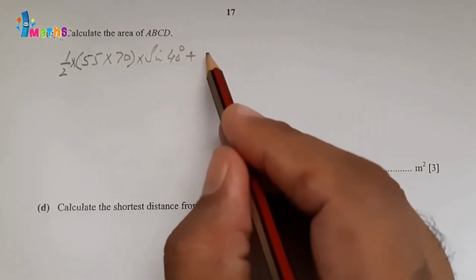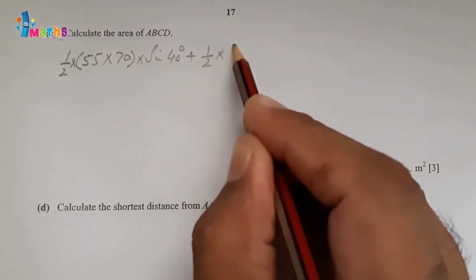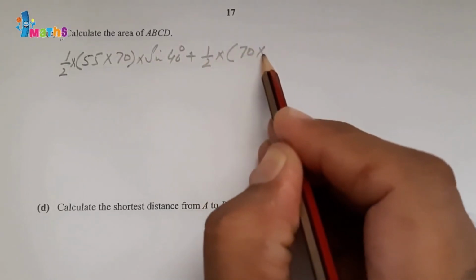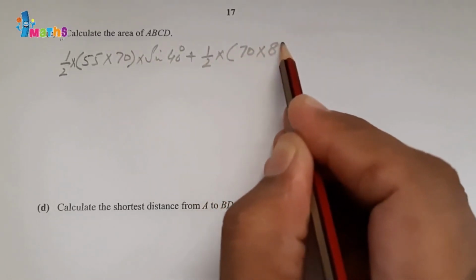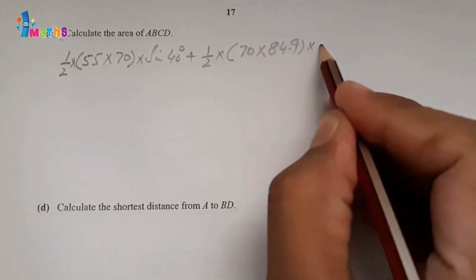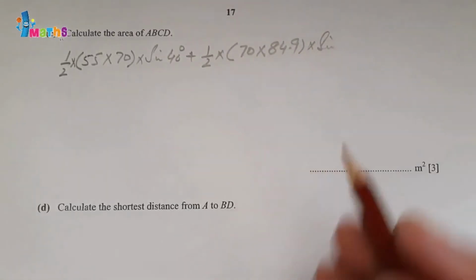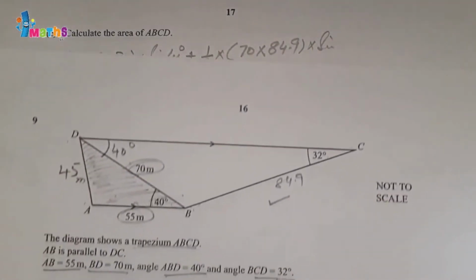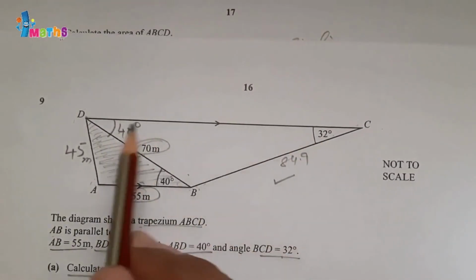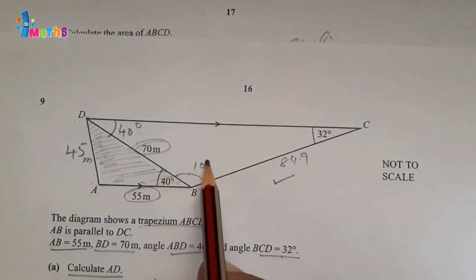So sides are, we'll write 1 by 2 into first side which is 70, multiply by the other side which we have calculated 84.9, and it will be multiplied by sine of included angle. We can calculate the included angle. This is 40, this one is 32, which is 72, so this included angle will be 108.